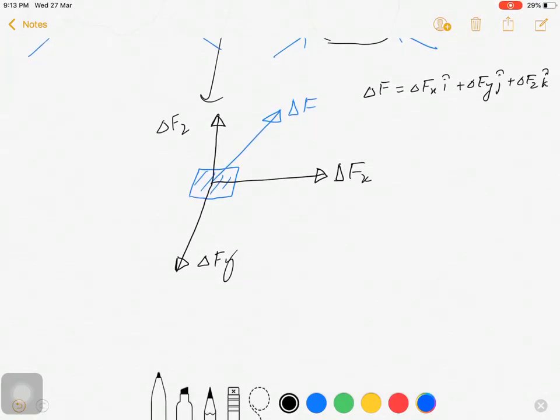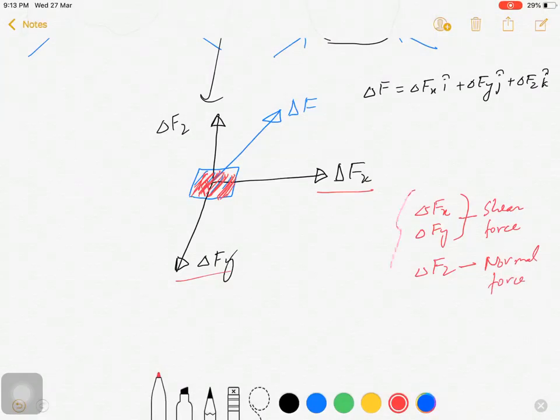You can see that delta Fx and delta Fy are tangential to this delta A, so these are called shear forces. Delta Fz is normal to this plane, so delta Fz is the normal force.